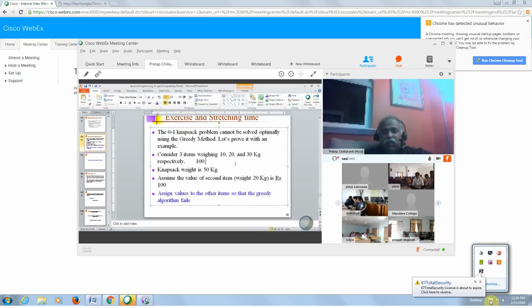So for the 30 kg item, if I want to maximize, the 30 kg value is only 10. And then the value for the other is let's say 30, or maybe 40.